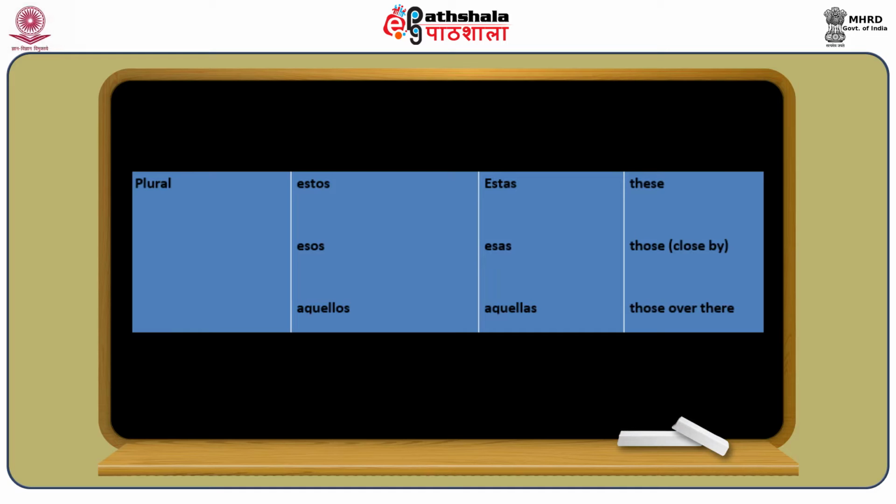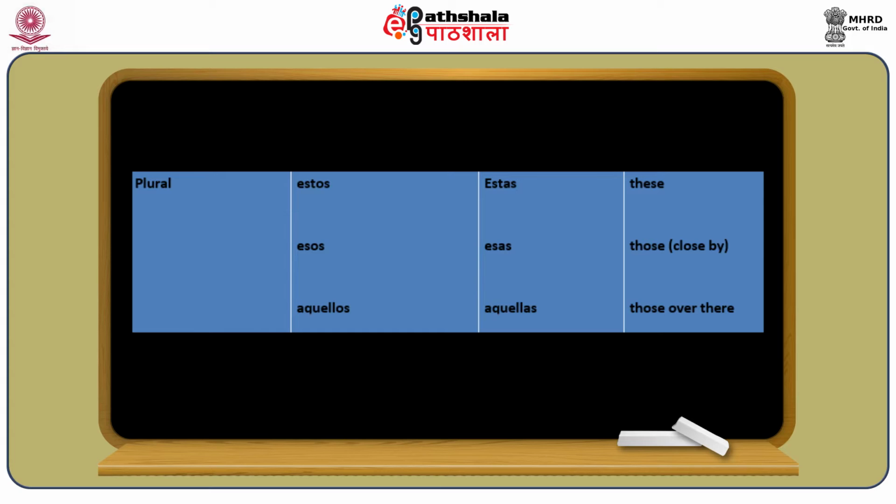And the plural of the same will be, for these, estos for masculine plural and estas for feminine plural. For those close by, we have for masculine plural esos, and for feminine plural we use esas.